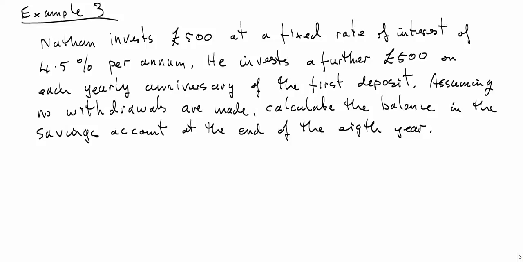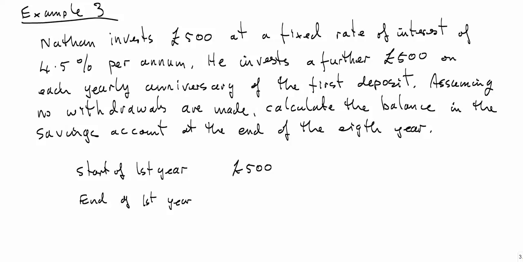So start of the first year, he invests £500, so we have 500. At the end of the first year, we're adding 4.5% interest, so that's 500 plus 4.5 over 100 of 500.